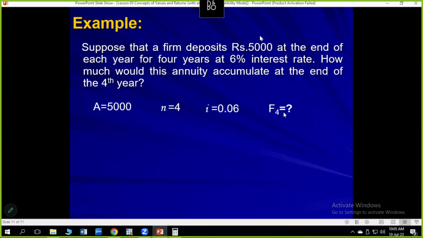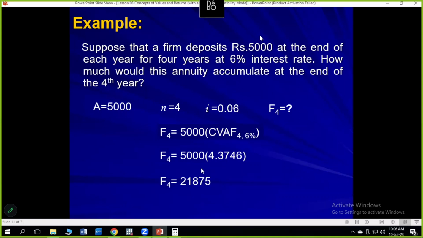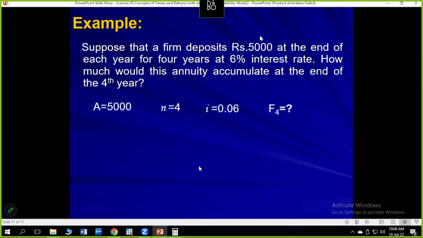Then what is to be found out? F4, how much is the F4 value. So you can substitute into your original formula or the table value form. I think better you practice applying both.